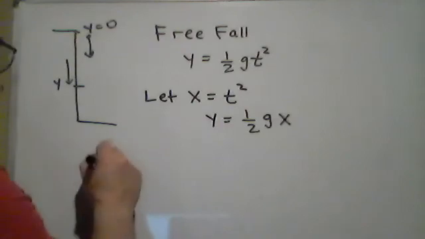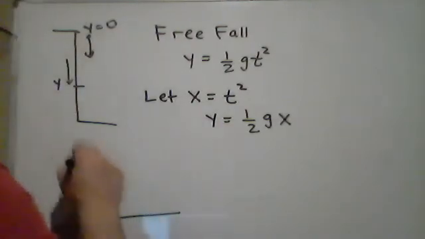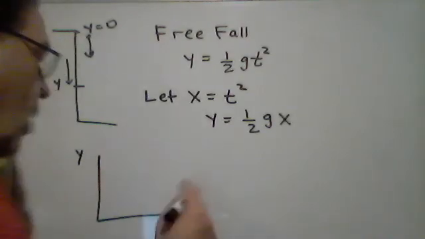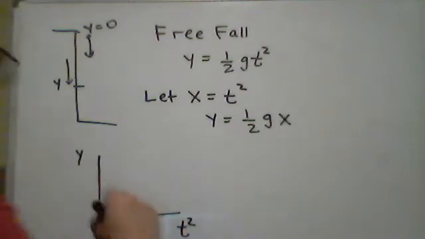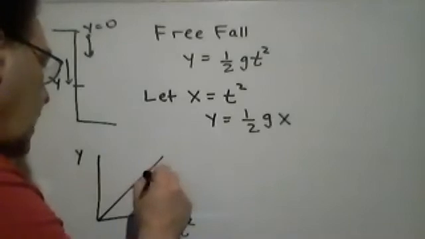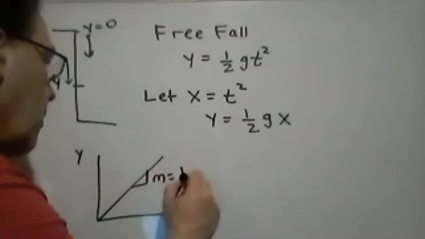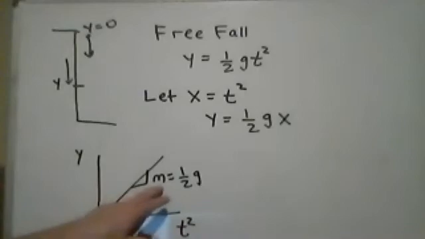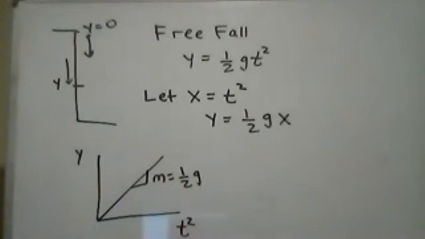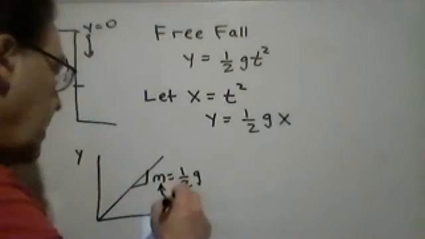And if I were to graph y versus t squared, or y versus x, I'll find out I'll have a line. I'll linearize the function. What is the slope of that line? The slope of that line is 1/2 g. So if I take my data in Excel and calculate the slope, and I want to find out what the gravitational acceleration is, I can solve for it. This is the slope for my data.